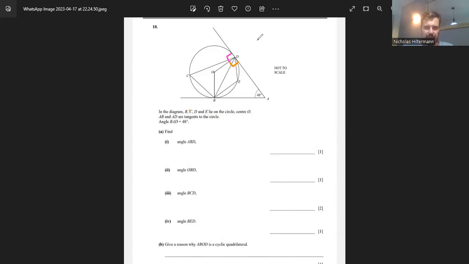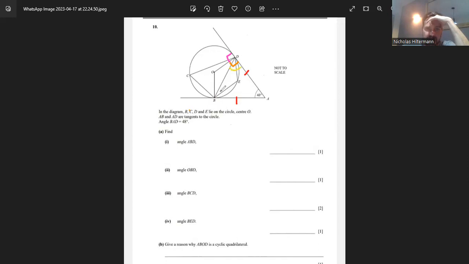These lines are equal because tangents, when they go to a common point, DA and AB would be equal, because of tangents to a common point. And so we could work out this angle here in yellow.